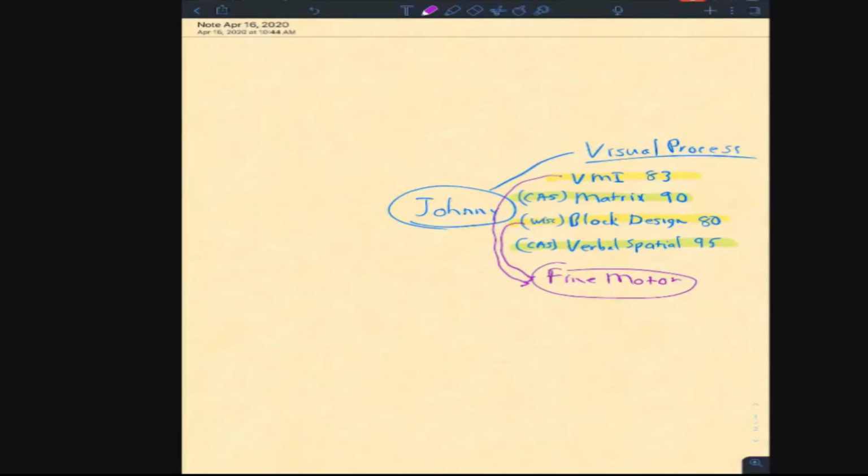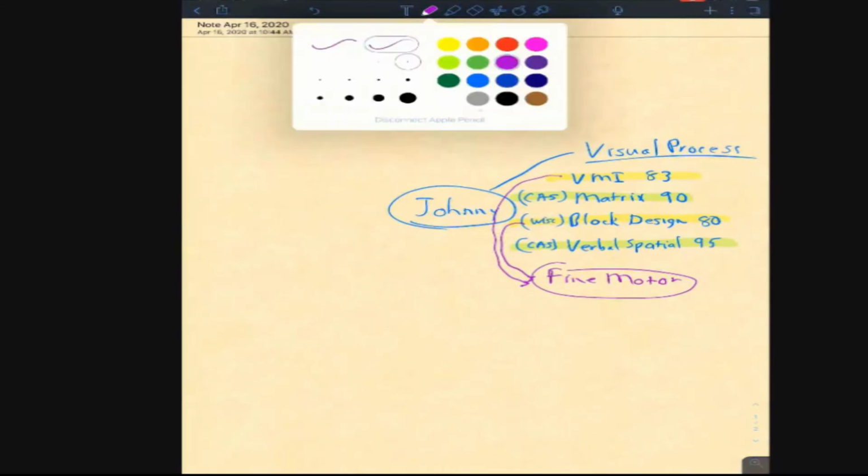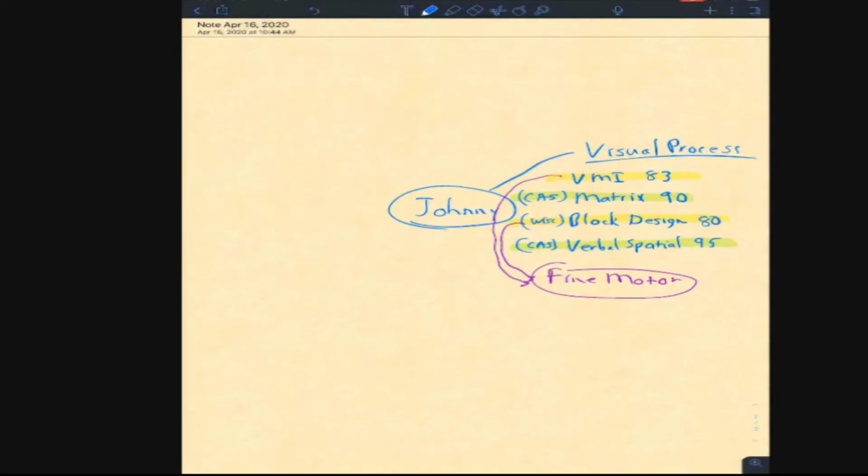Okay. Let's take a look now at memory. So we're going to do the same thing for the memory block. We've got word memory, 93.